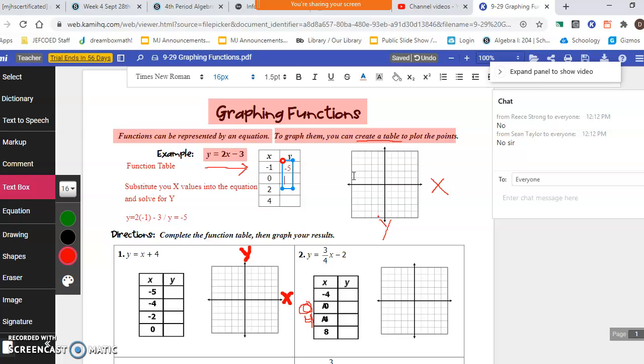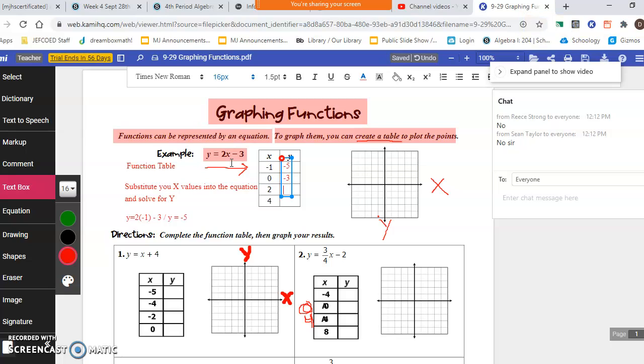To use my text box, I'm just going to tab down. And now we're just going to substitute 0 into the equation. So that would be 0 substituted in for x. So 0 times 2 would be 0, and then minus 3, that would leave us with my next y value would be -3.